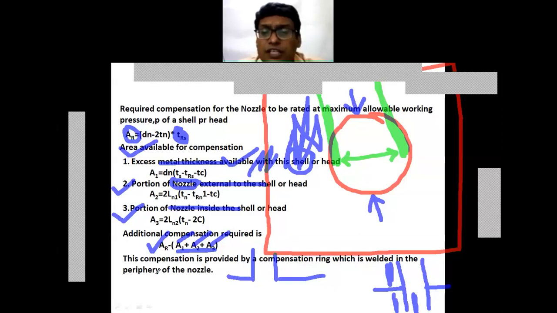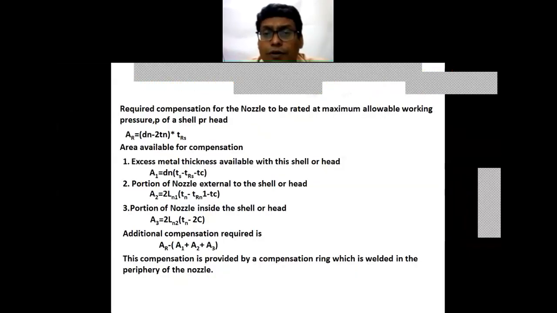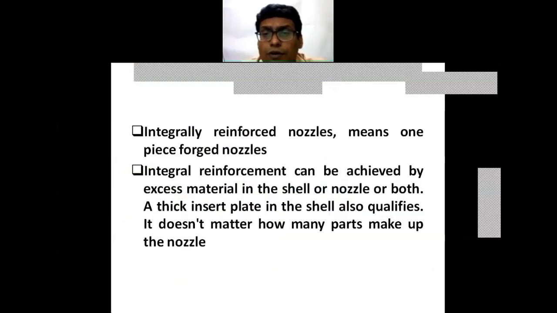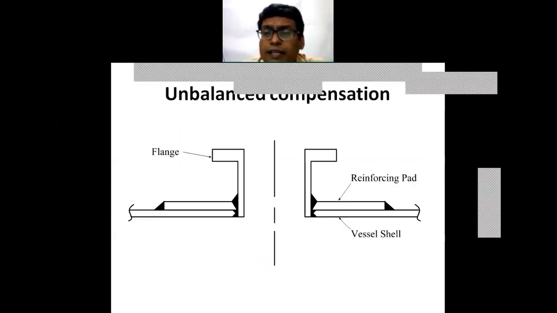The remaining compensation is provided by a compensation ring which is welded to the periphery of the shell. So once we have calculated the compensation area, depending on it we provide these reinforcement plates, either welding on the outside, or on the inside, or on both sides of the vessel shell.